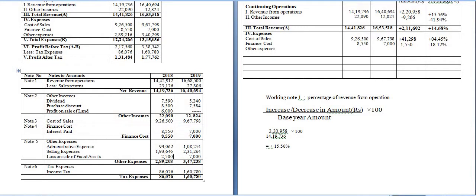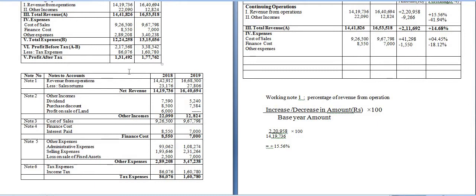So the total other expenses for the year 2018 is 2,19,208. Just a second, we need to check the amount here. Okay, the total amount of other expenses is how much? 2,89,208.